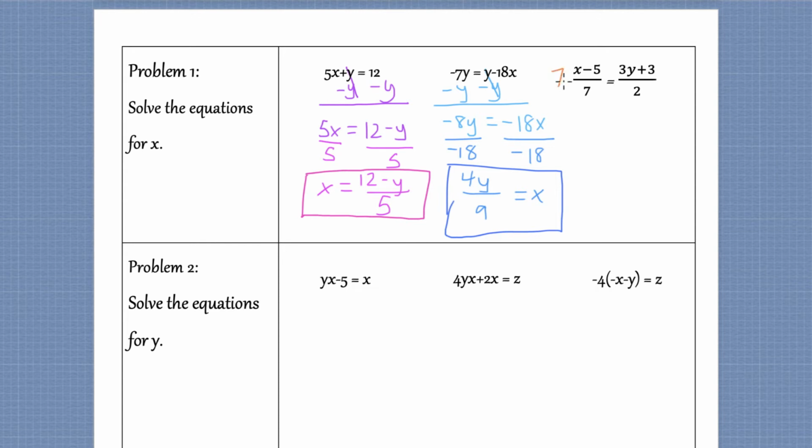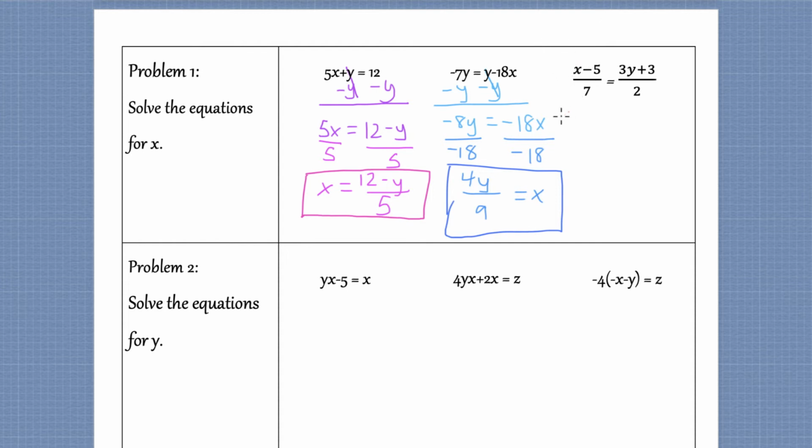So instead of just multiplying this side by 7 and then this side by 7 to get rid of this 7 first, and then multiplying both sides by 2 again to get rid of the other fraction, instead what we're going to do is multiply both sides by the same number. And that number is going to be the least common multiple of both of the denominators of these fractions. And so what this is going to do is cancel out the fractions for us in a really quick way.